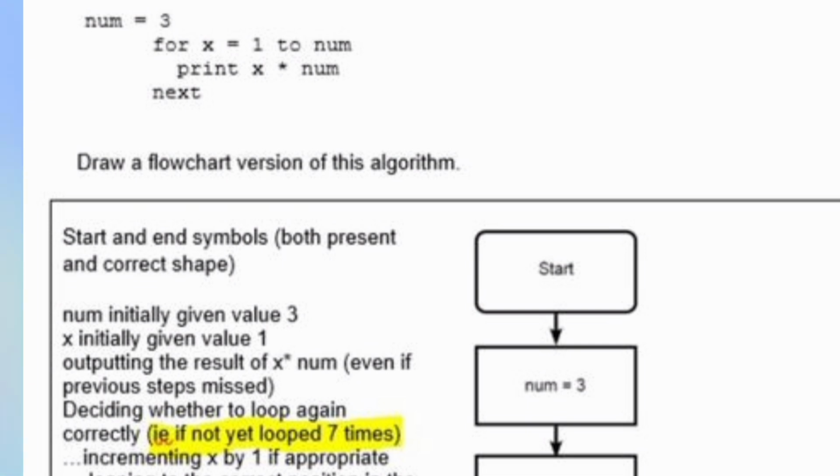X initially is given the value 1. Output the result. Then decide whether to loop again: if not yet looped 7 times, increase x by 1.